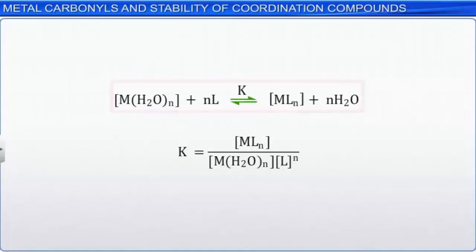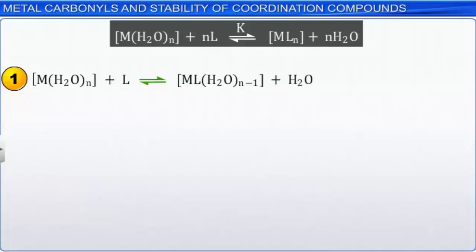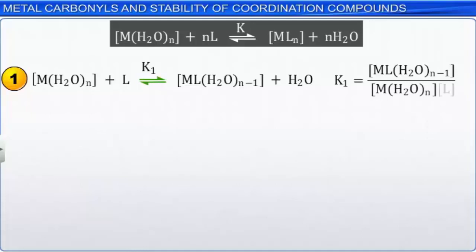Stability constant K1 for this step is equal to the concentration of ML(H2O)n-1 divided by the concentration of M(H2O)n multiplied by the concentration of L. The second step may be written as ML(H2O)n-1 plus L in equilibrium with ML2(H2O)n-2 plus H2O. Stability constant K2 for this step is equal to the concentration of ML2(H2O)n-2 divided by the concentration of ML(H2O)n-1 multiplied by the concentration of L.